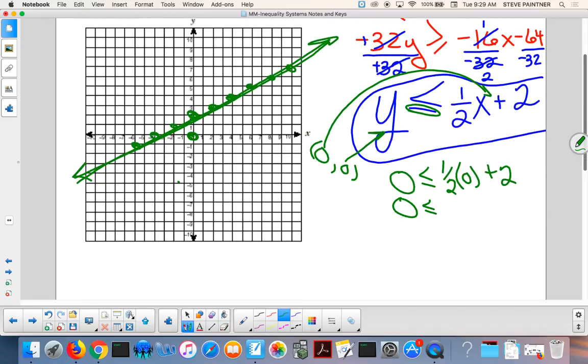Zero is less than or equal to 2. Is 0 less than 2? Yes. If you say yes, you're telling me this is a solution. So if 0, 0 works, so does every other point where? Below the line.